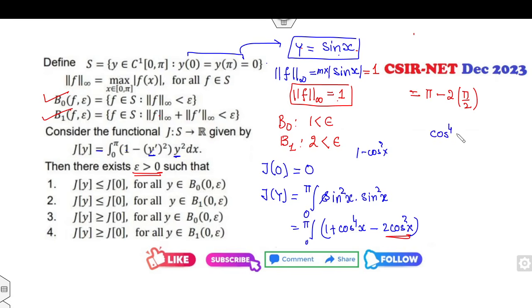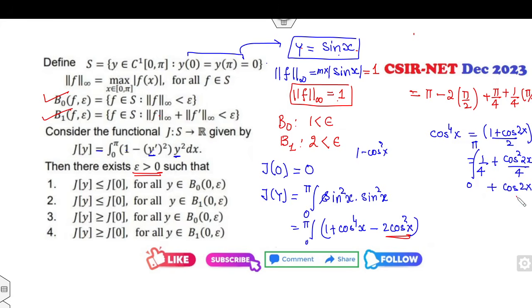You can see cos raised to power 4 again I can write as (1 plus cos 2x over 2) squared. So it is 1 over 4, cos square 2x over 4 plus 2ab cos of 2x. If you integrate them from 0 to pi, again by using the orthogonal property, this will be my pi over 4. This number will be pi over 2 again. And this number will be 0.